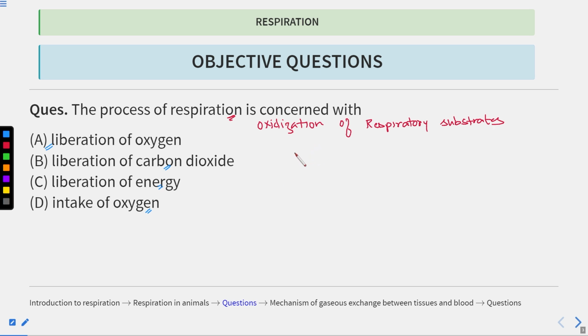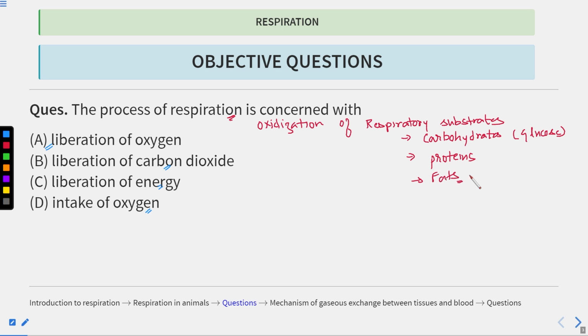Respiratory substrates can be carbohydrates, and within carbohydrates, mostly the respiratory substrate is glucose. If glucose is not available, then other respiratory substrates can be utilized, proteins as well as fats.